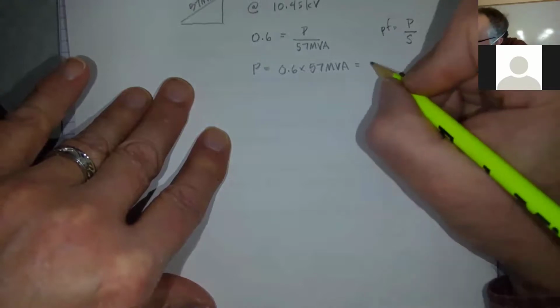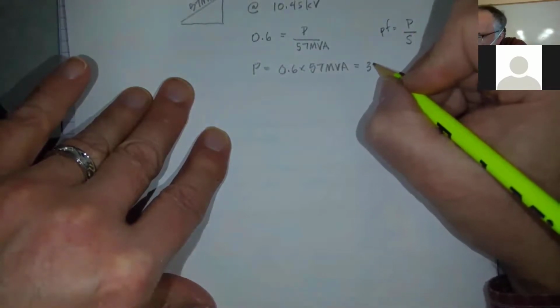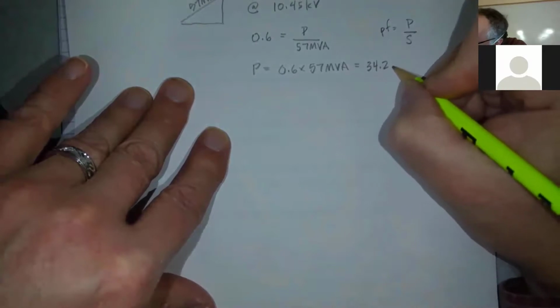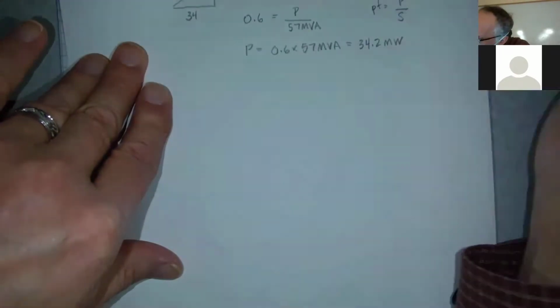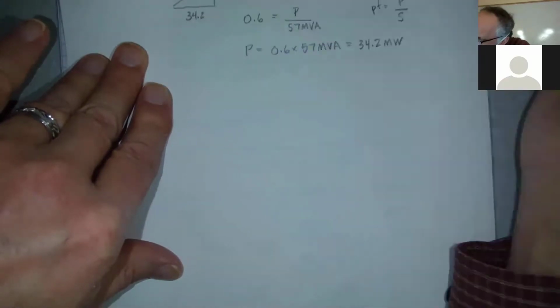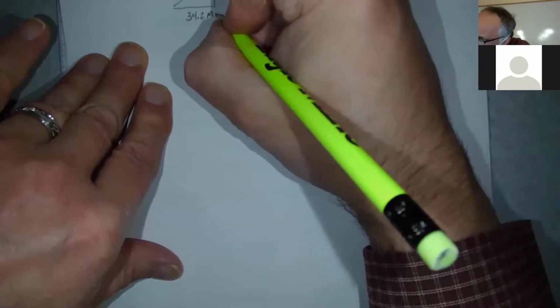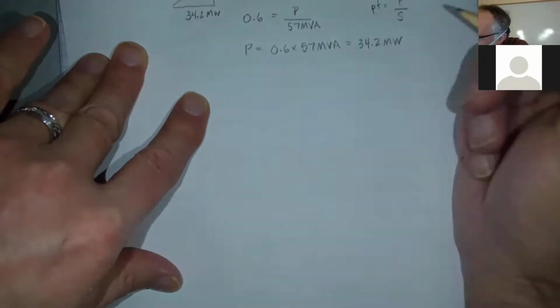What does that equal? 34.2 MW, right? Because real power is that. And what's Q going to equal?